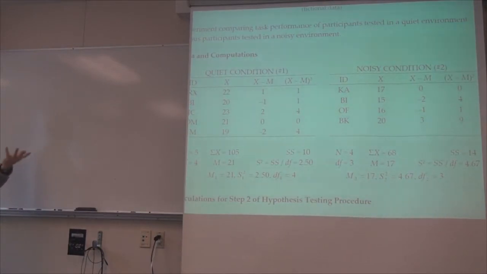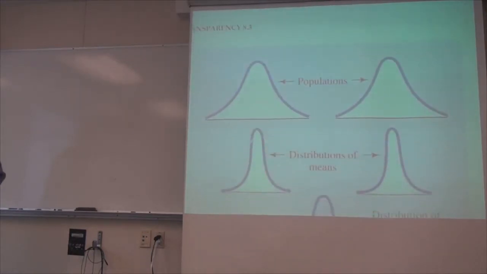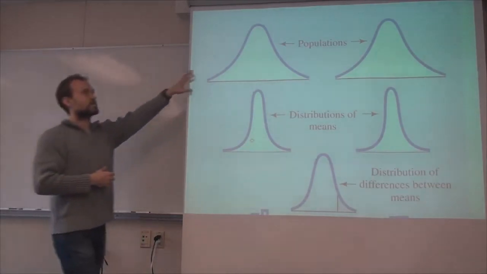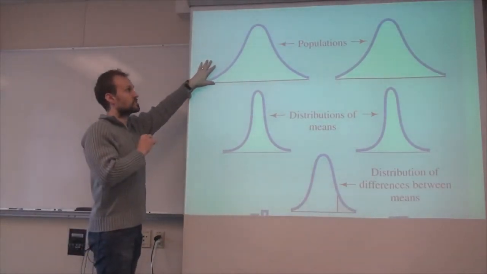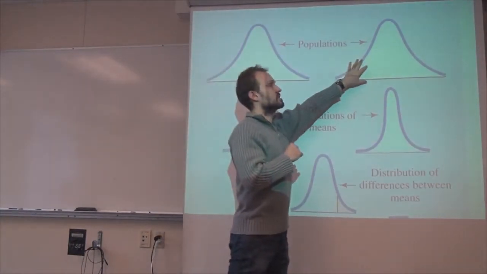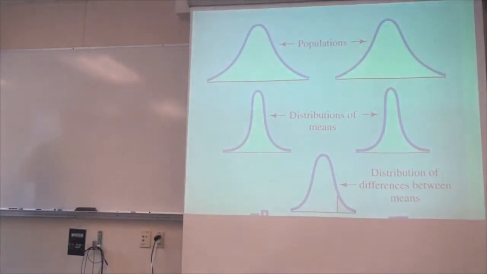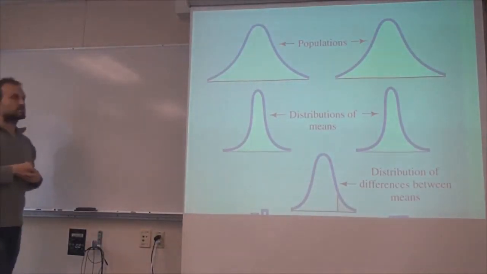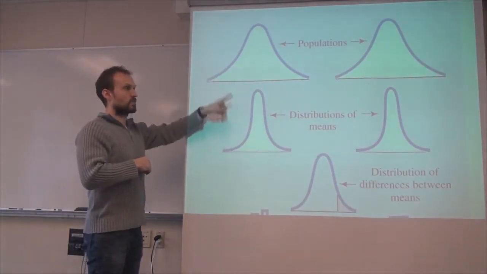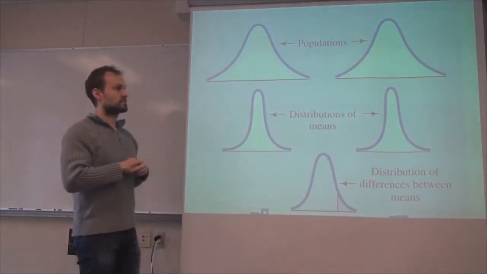So I have 2 of them. Let's visualize. I have 2 populations: quiet condition, individuals' task performance, and noisy condition. But because I have a sample bigger than 1, I need to look at the distribution of means, just as we've done before, more than once now. So I convert each one to its distribution of means.